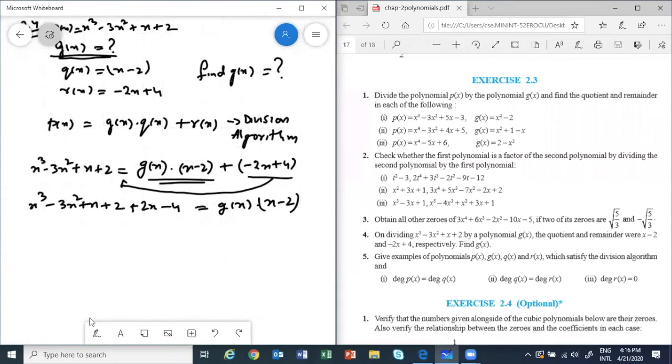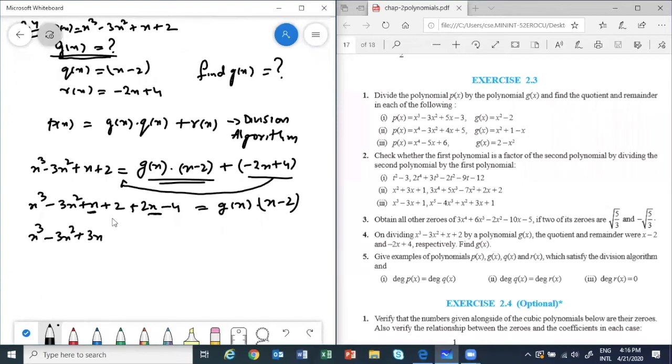Now solve a little bit. What will happen? Combine like terms, x and 2x. Okay, so x³, nothing changes. 3x², nothing changes. x plus 2x is 3x, and 2 minus 4 is minus 2. Okay, is equal to g(x) into x minus 2. Simple mathematics only we are doing, but with polynomials. So now we want to find g(x). So x minus 2 can come down.